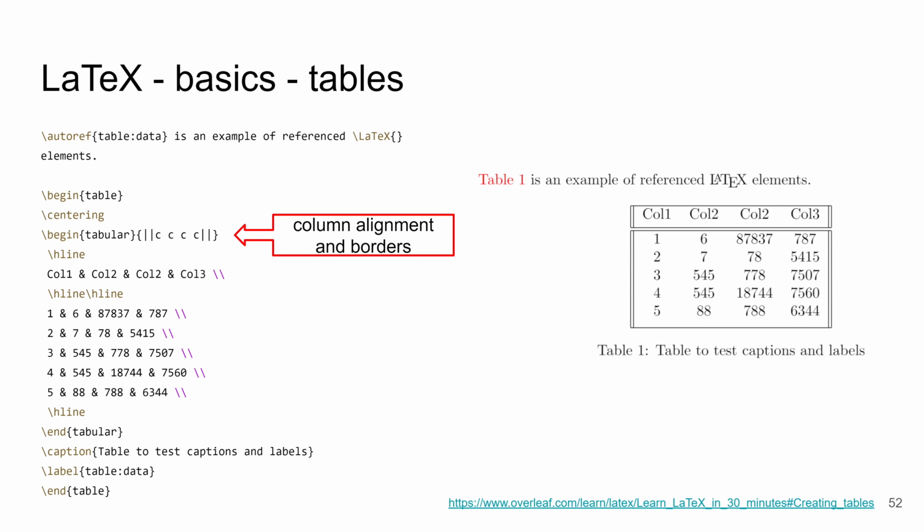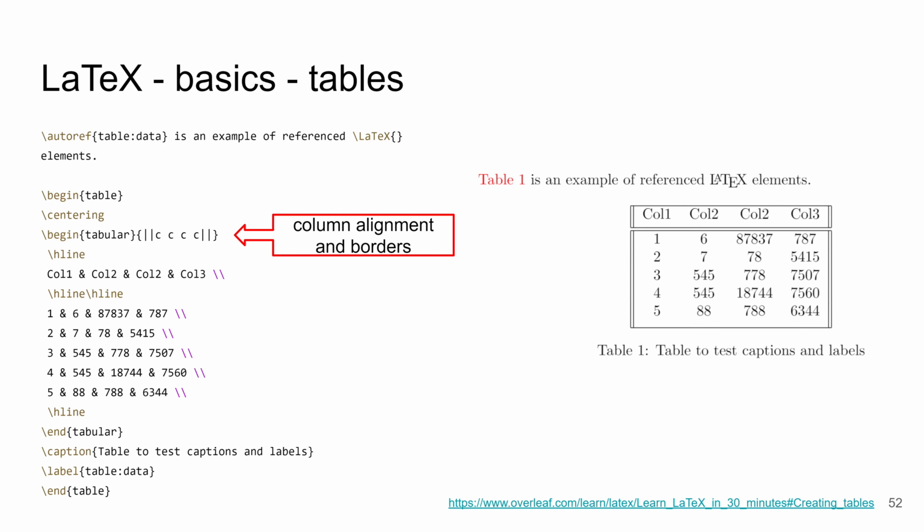And the c letter means that the text in the column will be centered. Then you start with the table, and for that you use the regular horizontal line command. You write the contents of the columns and separate the columns by ampersand symbols. When you are done with one line of the table, you use the new line symbol, which is the double backslash, and you continue with the next line.